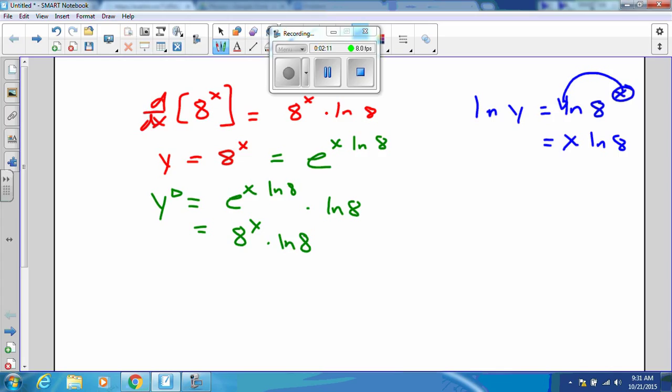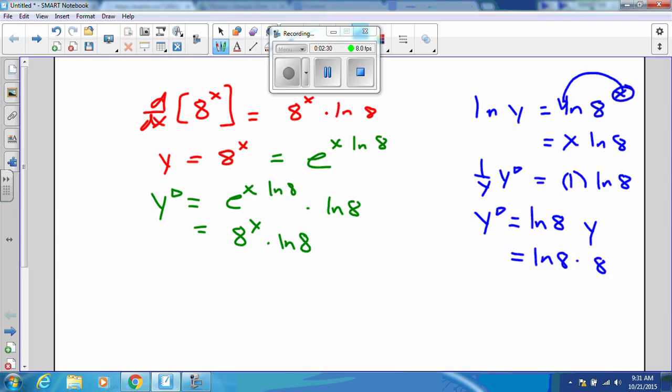And now if we take a derivative with respect to x on each side, we get 1 over y times y prime is equal to the derivative of x times the constant ln 8. And so therefore y prime is equal to ln 8 times y, which is 8 to the x.